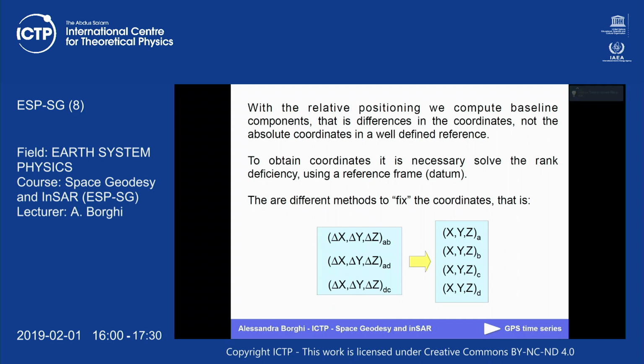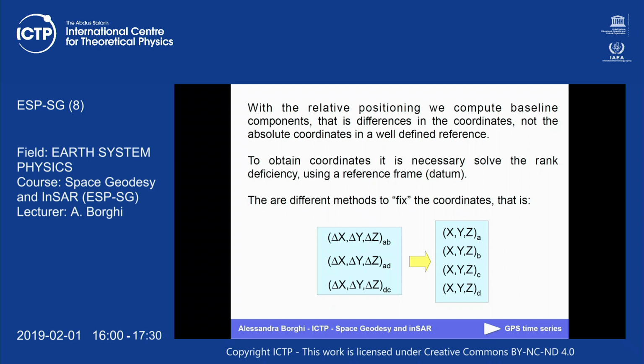So, with the relative positioning, we compute baseline components, that is the differences between coordinates. Now we want to obtain the coordinates. We have the same example with the 4 receivers. We have 4 benchmarks, and for each benchmark we want to know the coordinates. So we have to solve the rank deficiency problem. When you have all the components of the baselines, it's like you have a rigid body.